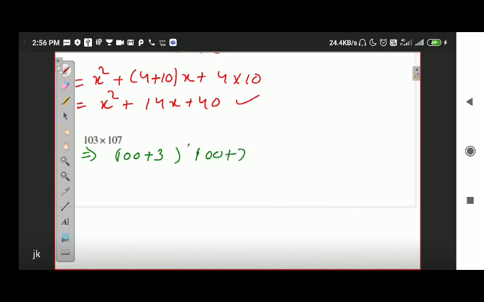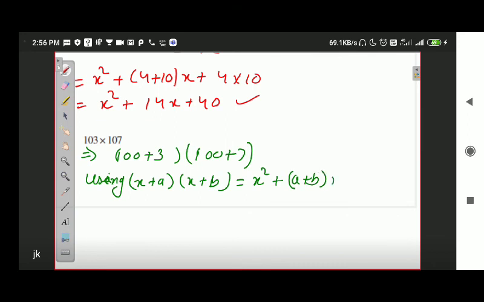Once again, we are going to use the same identity, x plus a into x plus b. Here x is replaced by 100, a is replaced by 3 and b is replaced by 7. This is x square plus a plus b into x plus ab. You can also try to multiply it directly, but that is going to be a bit complicated. This method is quite easier.